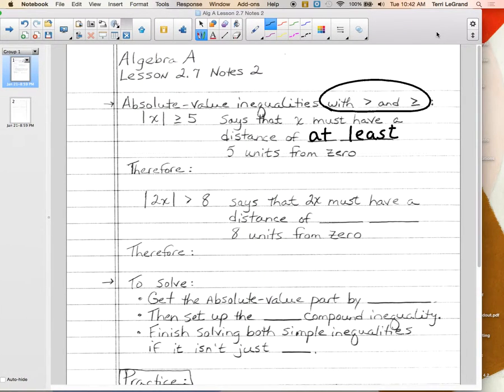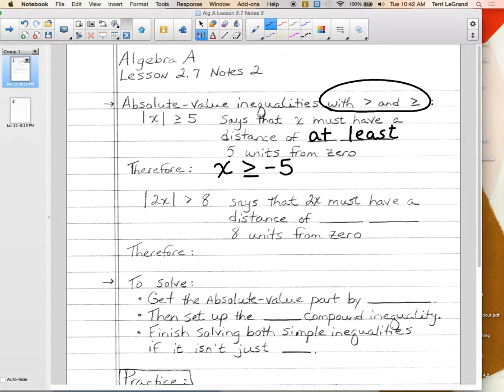Okay? Therefore, we're going to be able to say what are the things x can be? So what compound inequality do you think we can set up here? X what? What numbers are at least 5 units away from 0? Abby? Negative 5 and 5. So x has to be less than or equal to negative 5, because starting at negative 5 on the number line and going beyond in that direction.